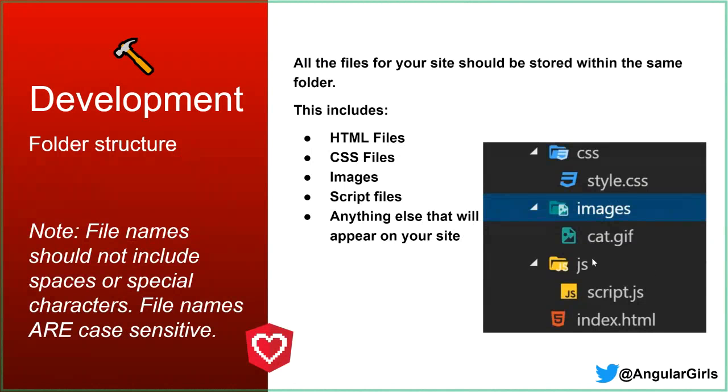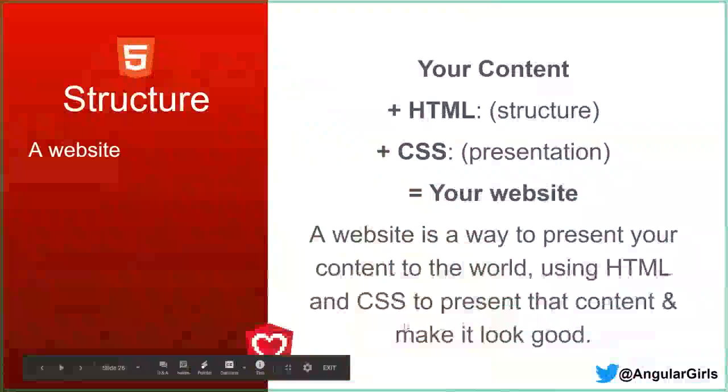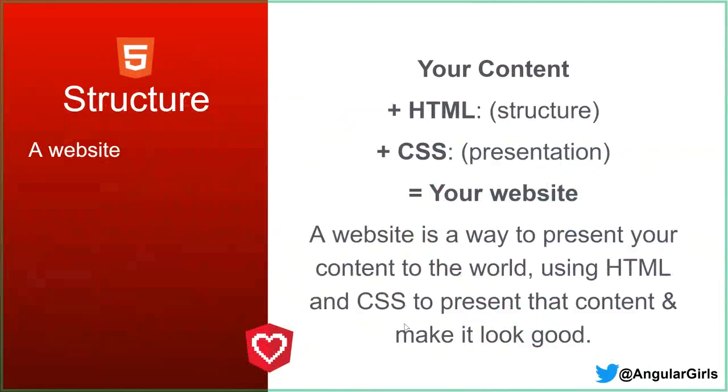Usually in the classic way, you have the HTML site as an index.html, and you have folders for your CSS files, folders for your media files like images, and also for your JavaScript. Your content again: HTML as the structure, CSS as the presentation. This is the basis for a website. Usually, even when you just have HTML, you already have a website.